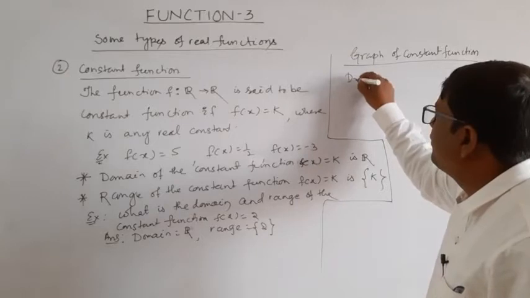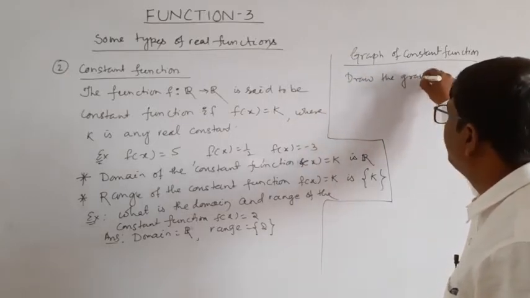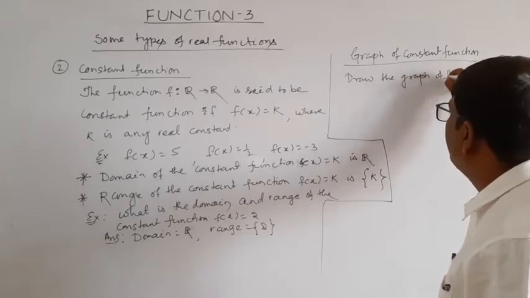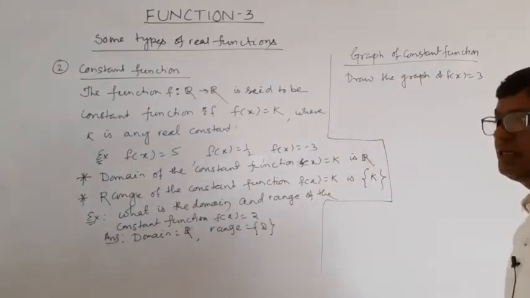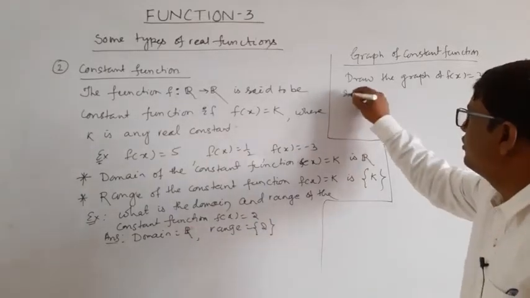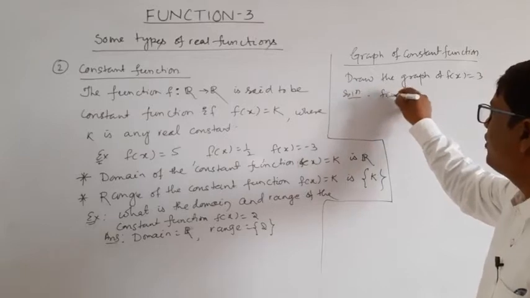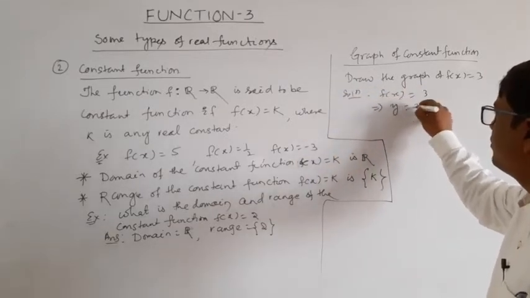Draw the graph of f of x is equal to 3. That is, f of x means y. Solution: f of x is equal to 3, that implies y is equal to 3.